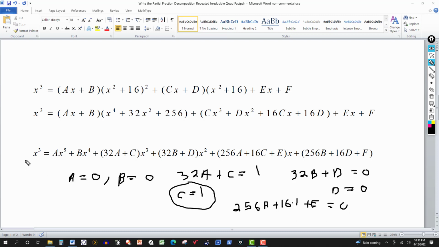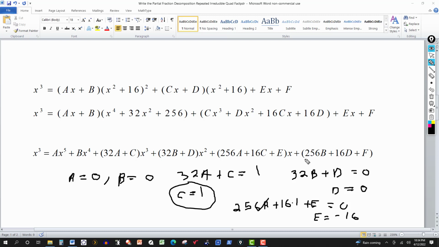Because on the left there's no x, so the coefficient is 0. And we know that a is 0. So we have 16 times 1 plus e has to equal 0. So that tells me then that e has to equal negative 16.